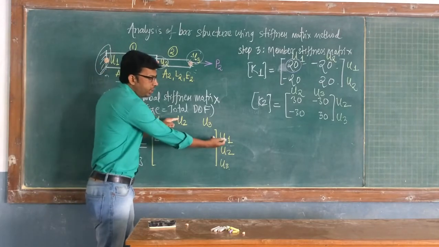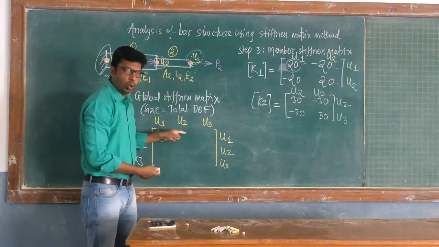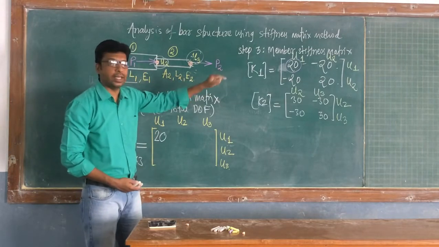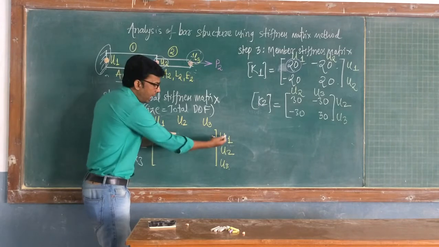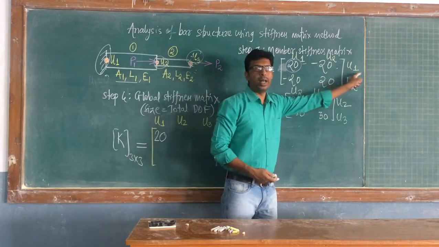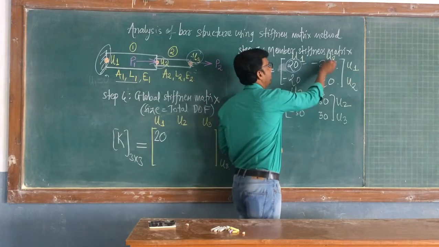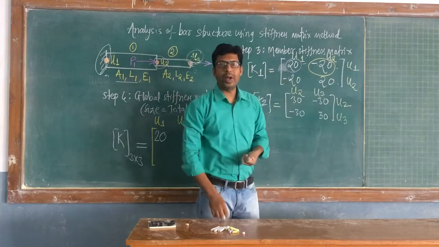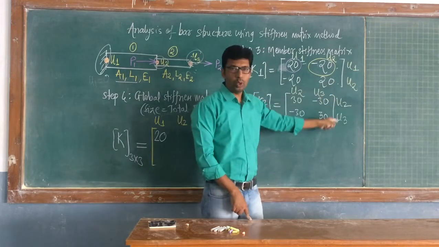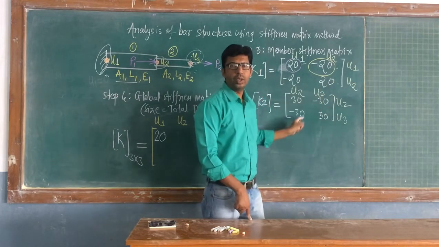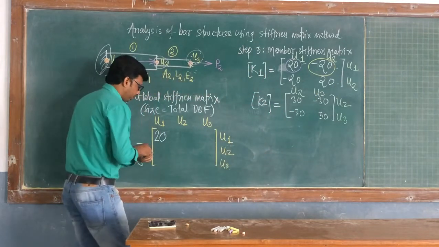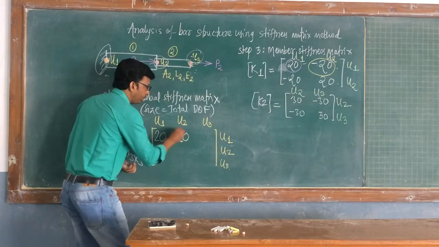Now the second element. This U2 and this U1 means column U2 and row U1. Look at this combination in these two matrices. Column U2 and row U1 means this element, minus 20, U2 U1. There is no other combination; there is no U2 U1 in the other matrix. So there is only one element again, minus 20.